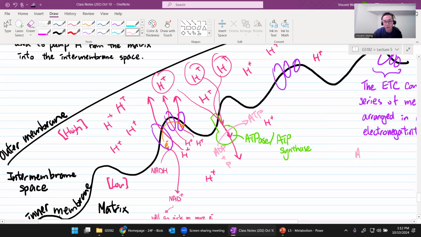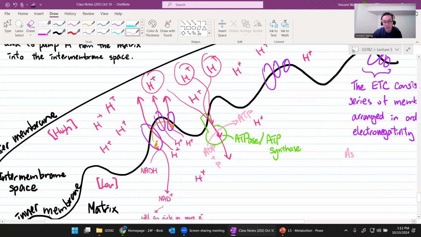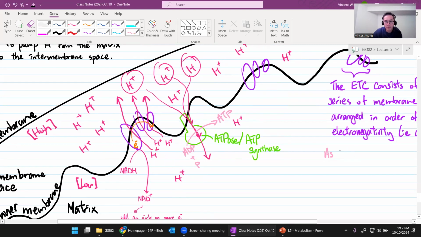I'll write it down for you: as H plus moves through ATPase, ATP is generated.